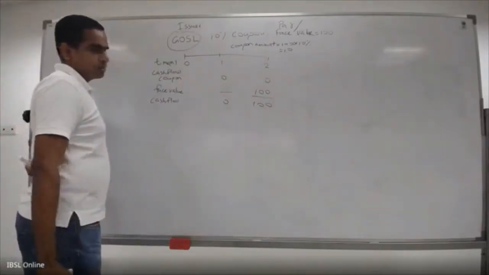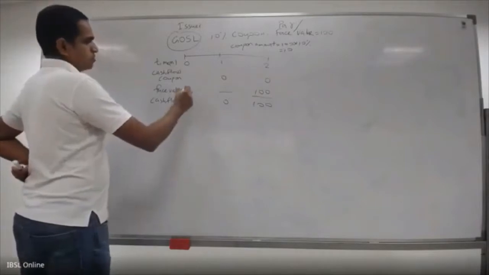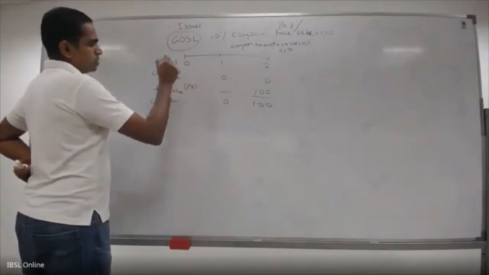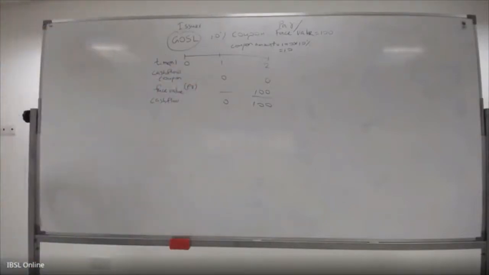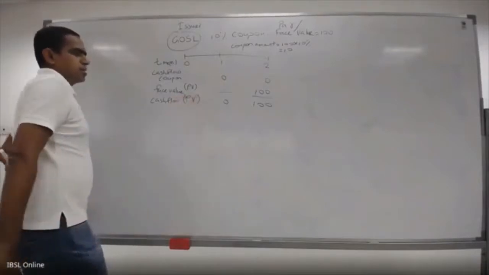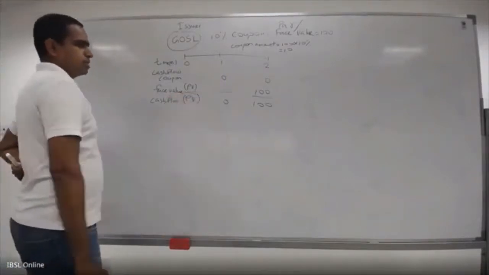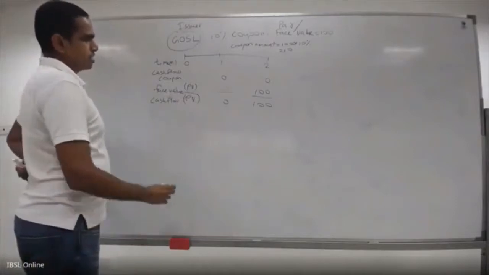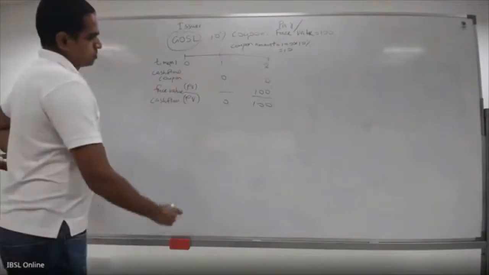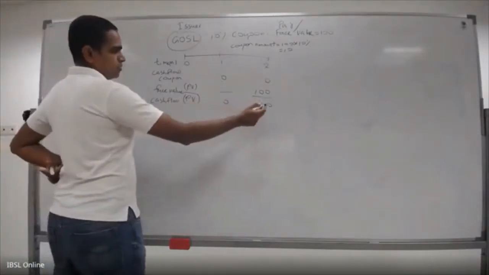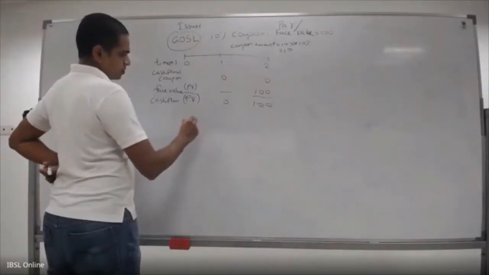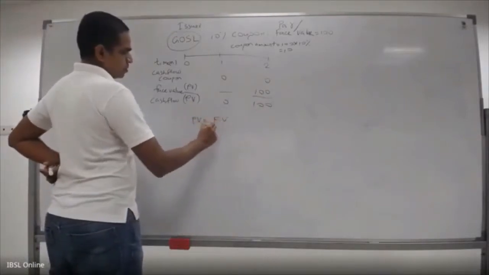Now, if you're investing at this point, you're investing today. That's why it is a minus sign, because you're making an investment. Then this investment, which is going at 10%, should be the present value of your cash flow. Remember, present value is the future value over 1 plus r to the power n.